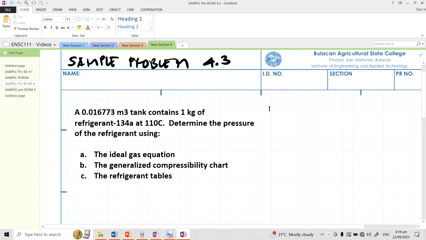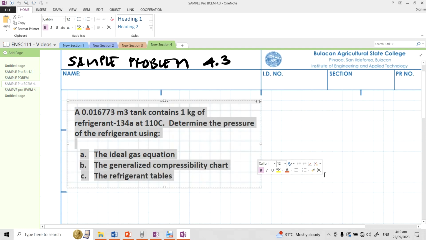As I've said before, the properties can be retrieved in various ways. One way is through the use of property tables, or charts, and also equations. So this sample problem represents that we can actually find the pressure property in various ways.